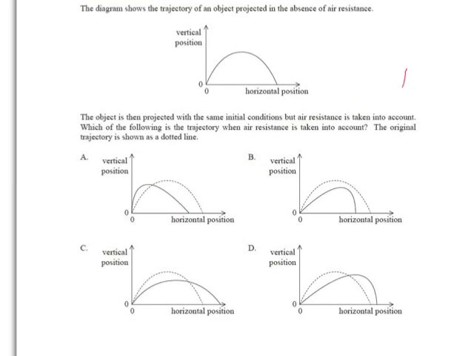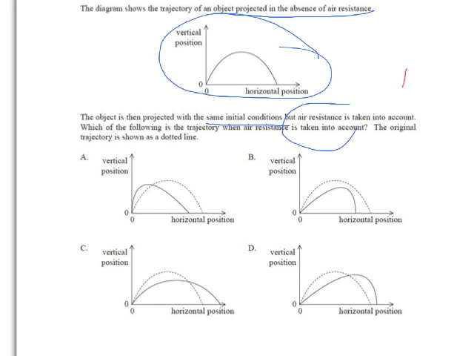Projectiles. The diagram shows the trajectory of an object projected in the absence of air resistance. So this is the standard image we're used to seeing. The object is then projected with the same initial conditions, but this time air resistance is taken into account. How does that then make a difference? Well, if you have air resistance, then acceleration would be affected.